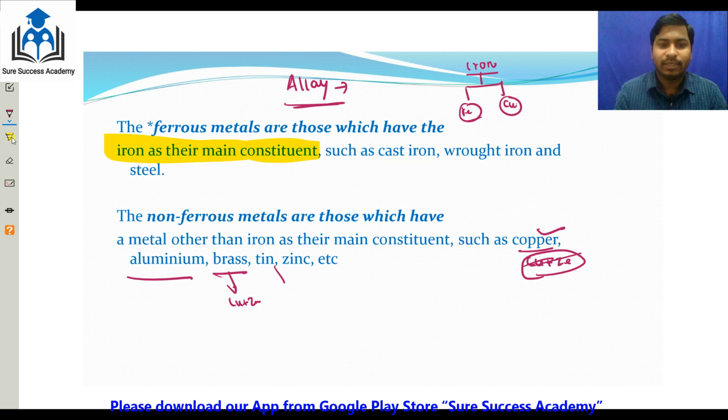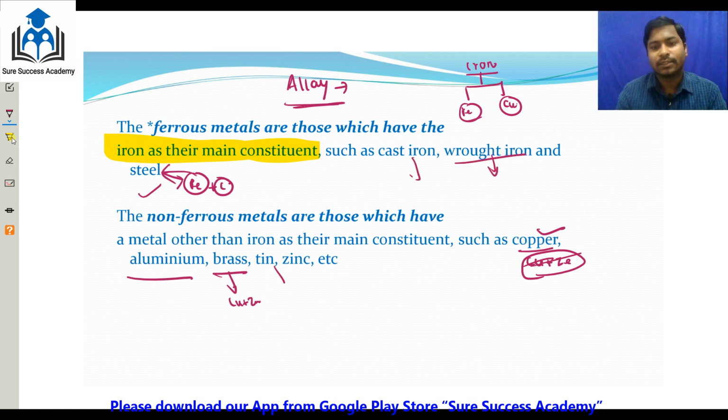Ferrous metals have iron as their main constituent, such as cast iron, wrought iron, and steel. Steel is iron, Fe, plus C, carbon. Fe means iron is coming into the picture, that's why it is called a ferrous metal. Wrought iron is also iron and carbon.